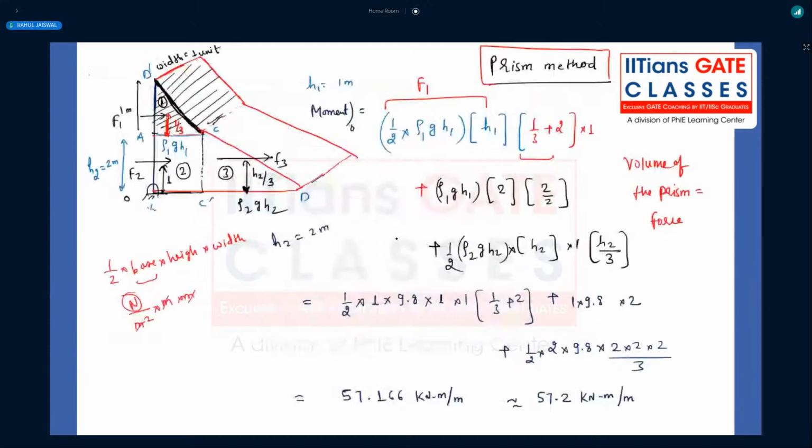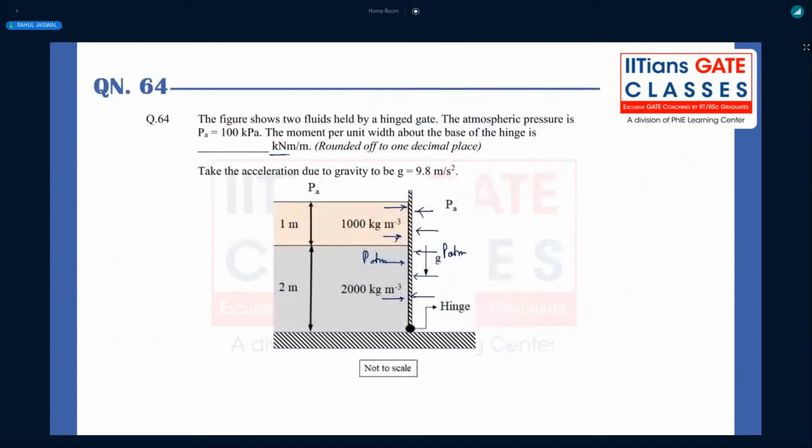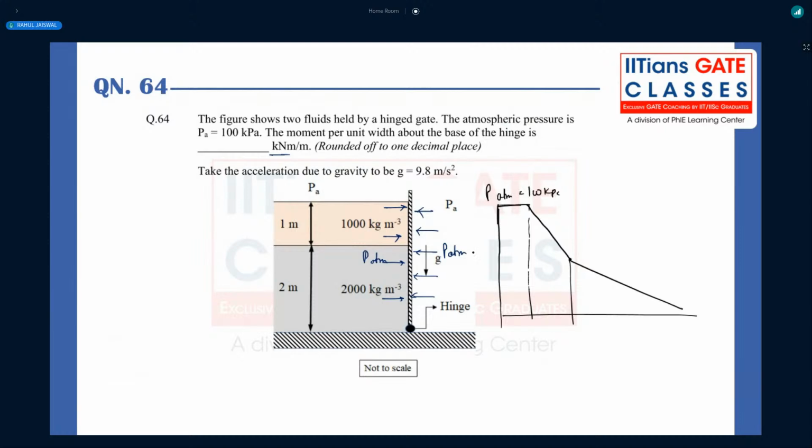Now, why have they given the atmospheric pressure? To confuse you. Because some of you might have made a blunder in drawing the figure. You might have drawn this figure and taken the complete atmospheric pressure. Whatever the P atm is, 100 kilopascal, if you think of that, it will be acting exactly at the centroid, and I will be calculating half of 3 into half of 3 into P atm into width.